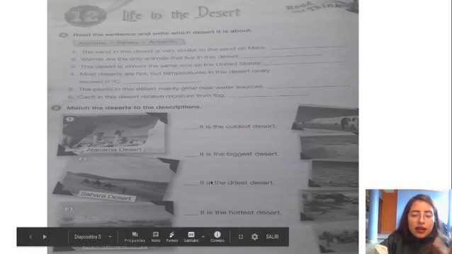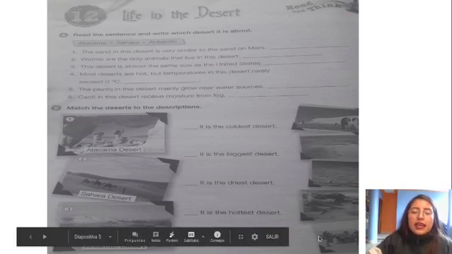Atacama Desert is the coldest desert, is the biggest desert, according to this you have to write. In this case, this is the meaning seco, árido. Hottest, caliente. Biggest, grande. Coldest, frío. And windiest is ventoso. Okay? And this is your homework.